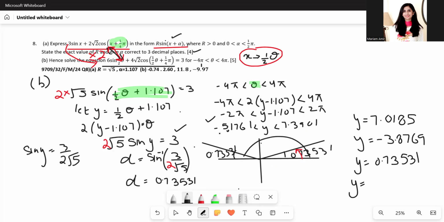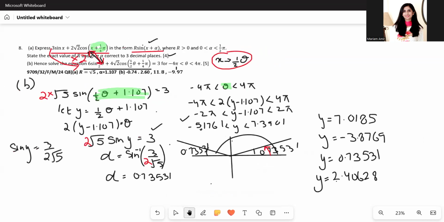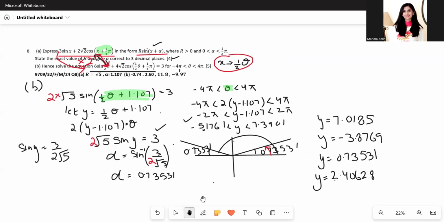So apologies for that big blunder earlier. So pi minus 0.73531, that is 2.4, and that also lies within the domain of y. So 2.40628. Okay, now we have four values of y within this given domain.